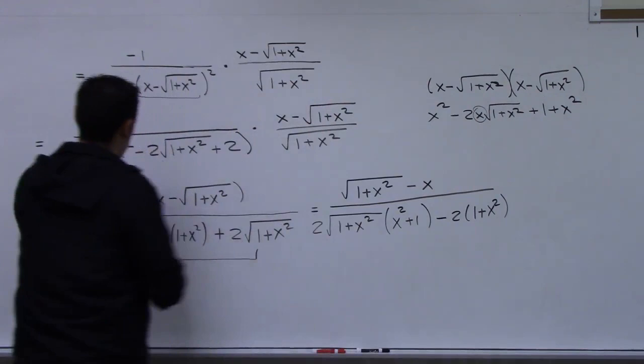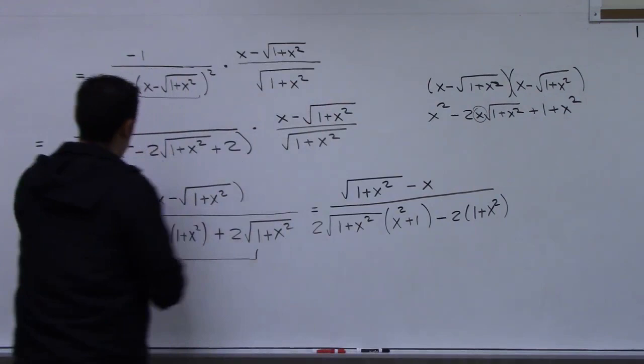There's really nothing you can do on the bottom that's going to make it that much nicer. Put this 2 out here in front, and I'll slap this root here. What you could do is put these 2 roots together, and basically the sine would multiply times this and times that, but I think we would just be stuck at that point, so I'm just going to leave it like that.